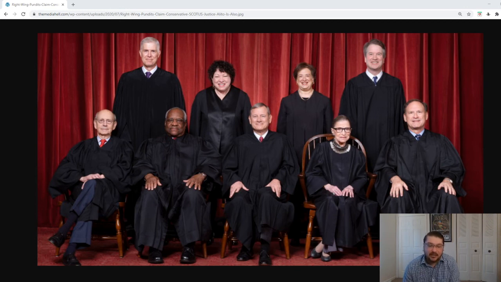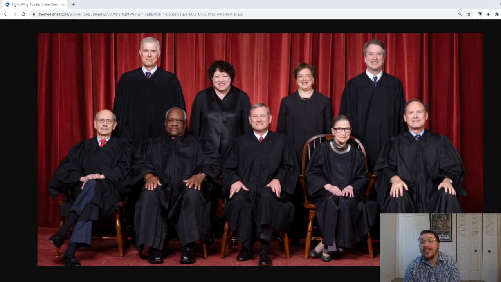But that's basically how the Supreme Court operates, right? Now, there are varying levels of what's known as precedent, and some of them are extremely weak. Some of them are fairly strong. A weak example of precedent would be a plurality ruling.